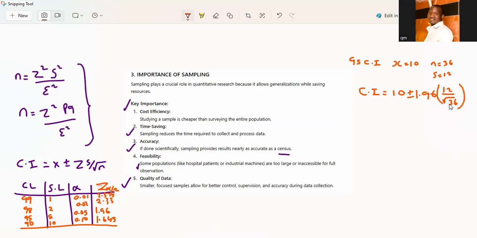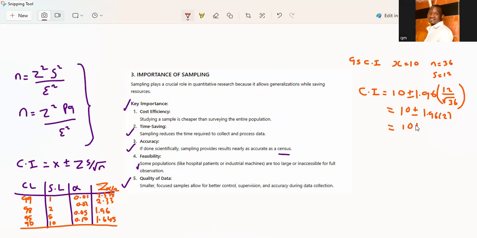Here our standard error: root of 36 is 6, and 12 over 6 is 2. So here we're going to have 10 plus minus 1.96 times 2. The standard error is given by standard deviation over root of N. When we apply the Z to it, we call it the margin of error.